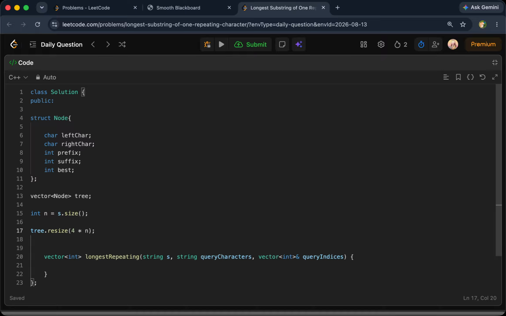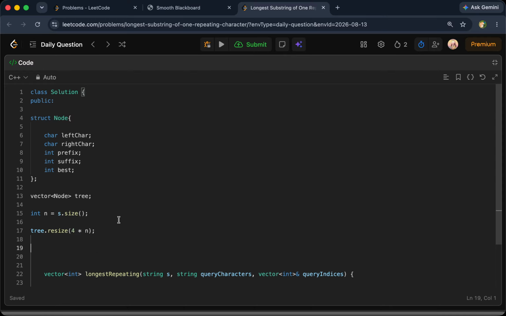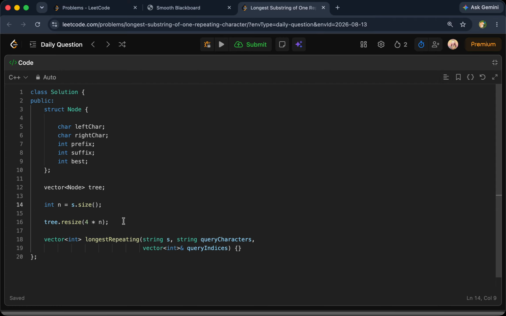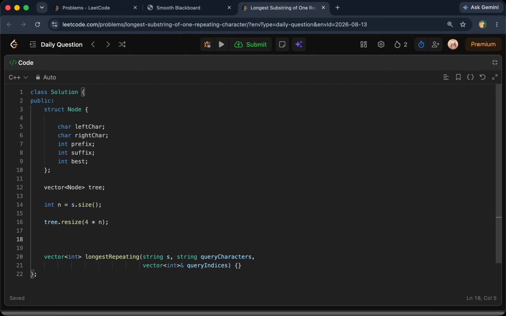Now we build a tree. So now we need to create the tree from the string. We will use void build with node, left and right.